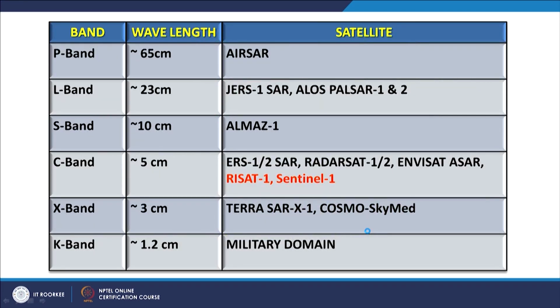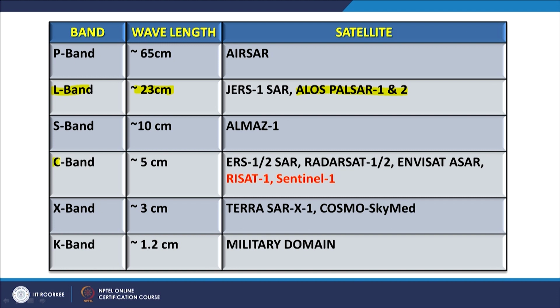Now, we take some examples of different sensors on board different satellites. Some are still functional, some have completed their lifetime. If I take the example of ALOS PALSAR, which is a Japanese sensor, it works in the L band and the wavelength is 23 centimeters.